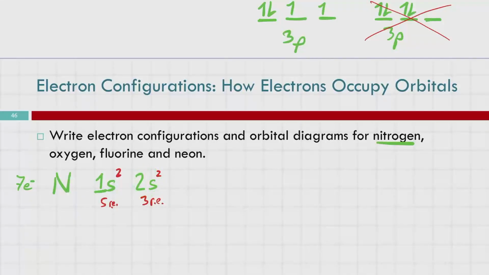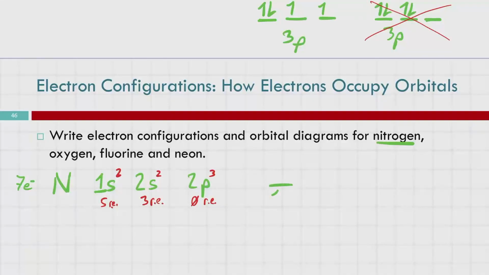After 2s comes 2p. So we get 2p, we've got 3 electrons left. We can place all 3 of them into our 2p. And then for our orbital diagram, it's the same idea as our electron configuration, but we're representing it with up arrows and down arrows.